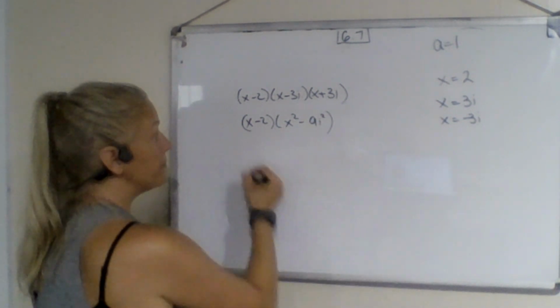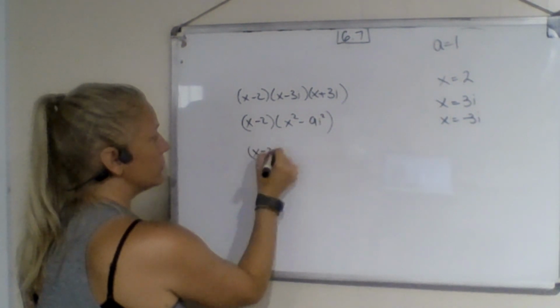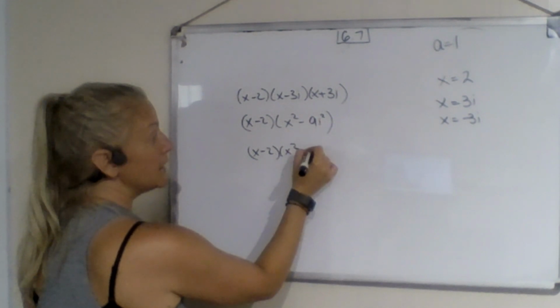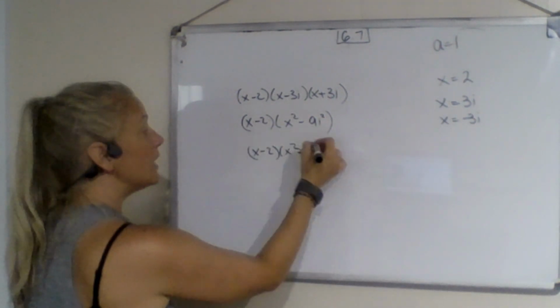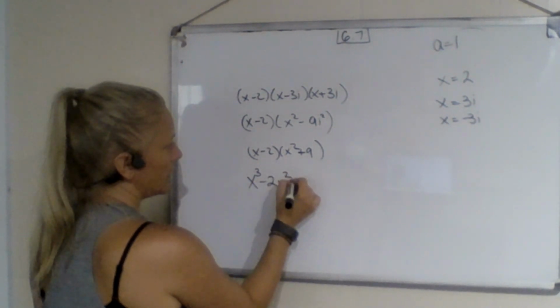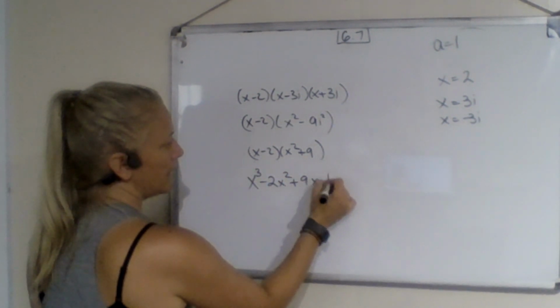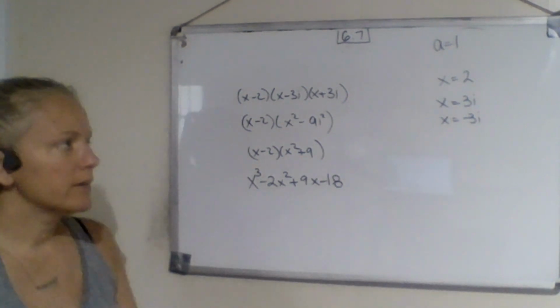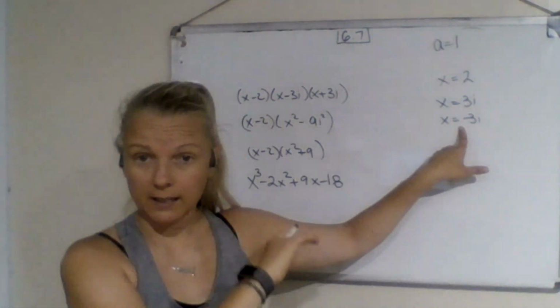Based on that formula, this becomes x minus 2, x squared plus 9, because i squared is negative 1, and all I have to do now is x to the third minus 2x to the second plus 9x minus 18, and I'm done. And I'm thinking your homework looks like this and not like the example we just worked on the board, okay?